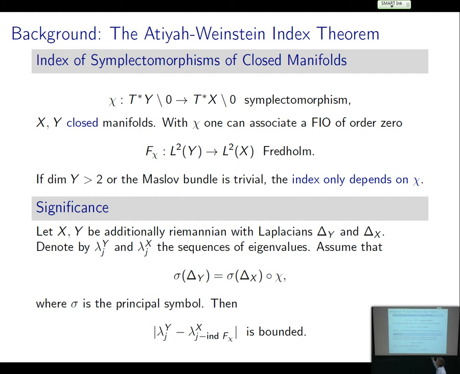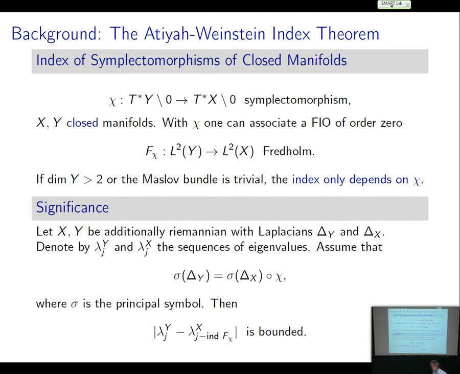Okay, I wrote F of chi. This is not really true because the thing might depend on your choice of the section. And the point is, it does not if the Maslov bundle is trivial or the dimension of the space is larger than 2, for a very simple reason, and I come to that at the end of the lecture.